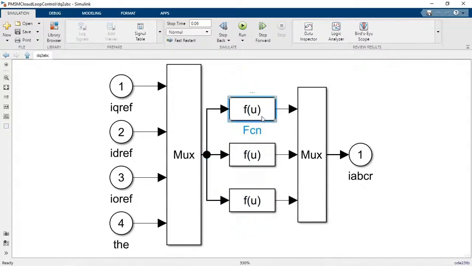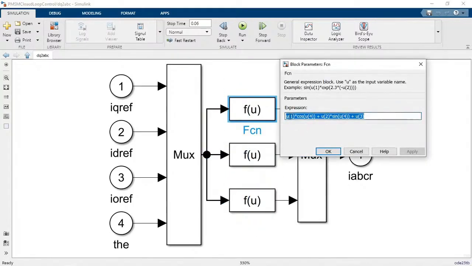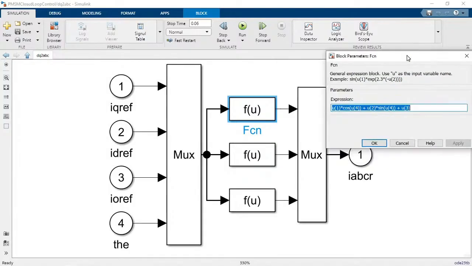This is U1, then U2, U3 and U4, right? Each and every function gives you some value, and I have mentioned the appropriate signal names. So U1 into cos theta. Generally we do DQ to ABC conversion.